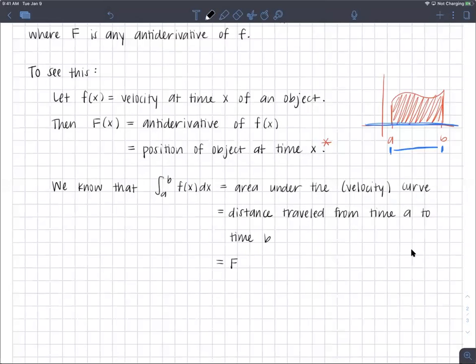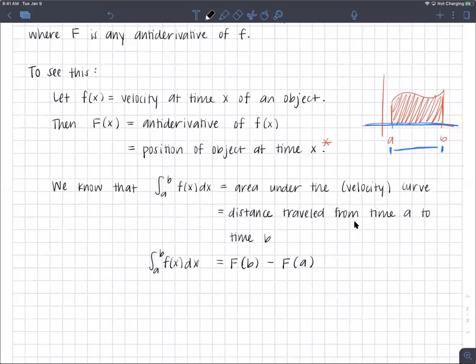So the distance traveled is going to be capital F of B minus capital F of A. Do you guys have any questions about the second part of the fundamental theorem of calculus and why the integral from A to B of f of x dx is equal to the antiderivatives subtracted?